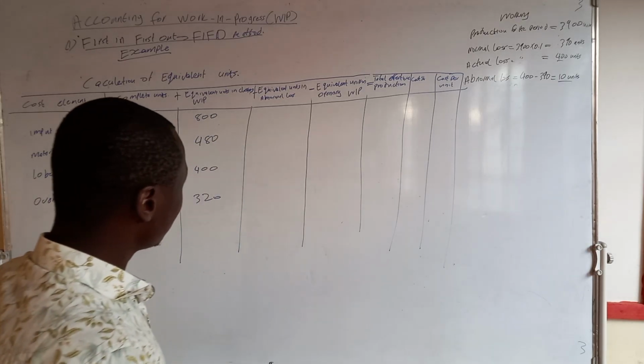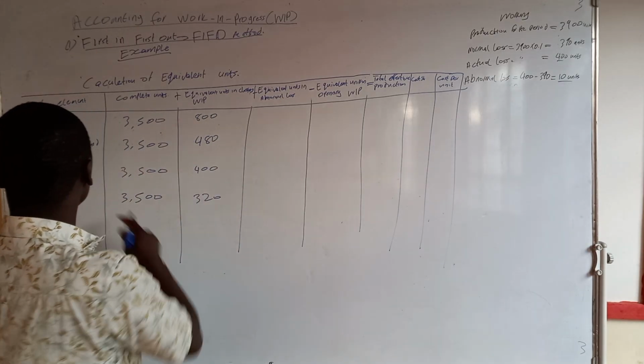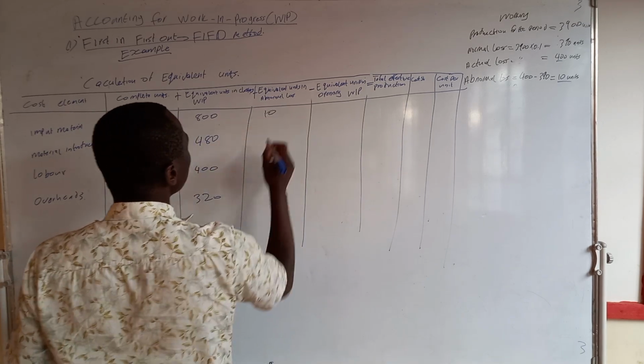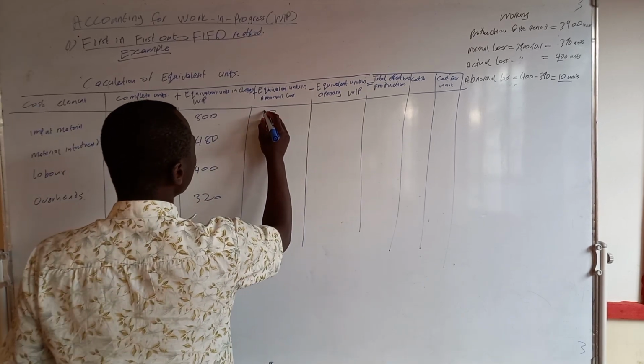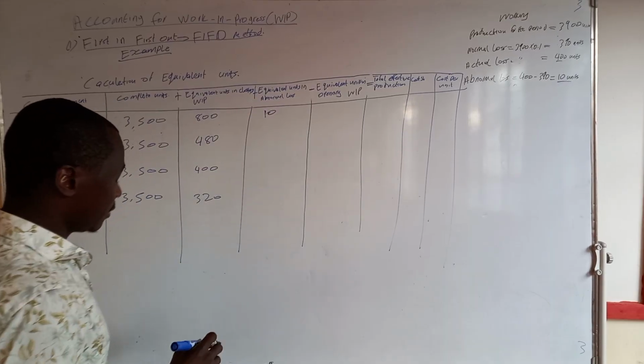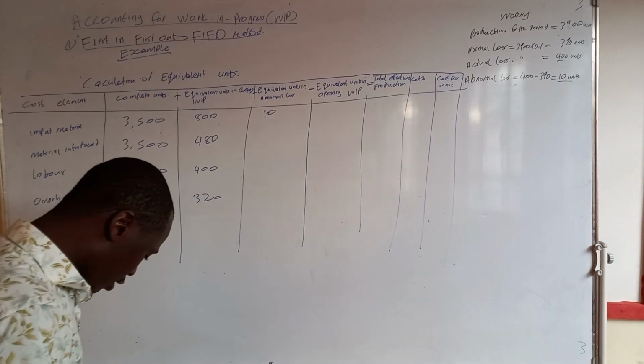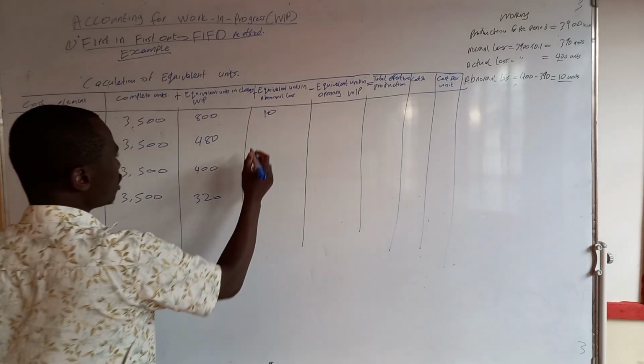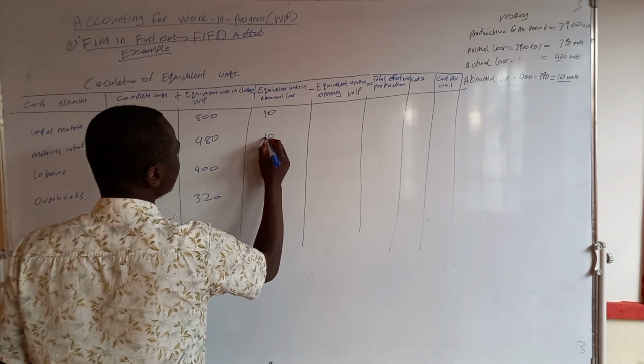In terms of input material, 100%. That is the equivalent of 10. In terms of material introduced it was 100%, so these 10 units were 100%.